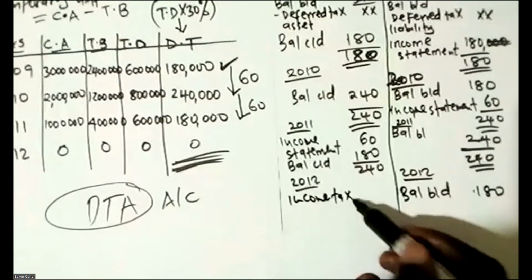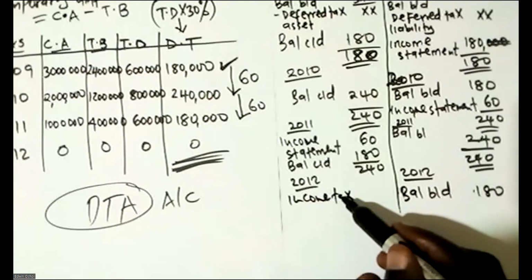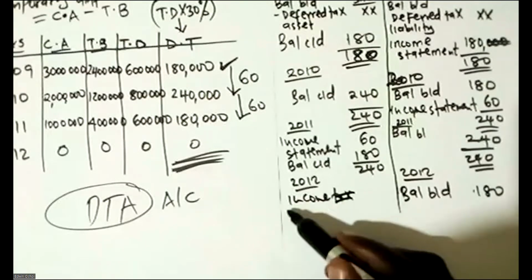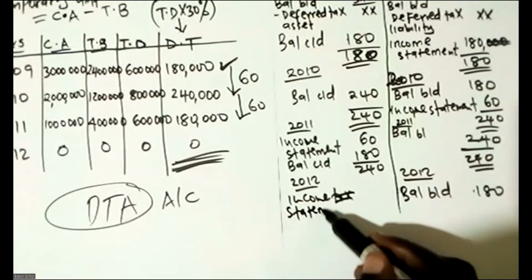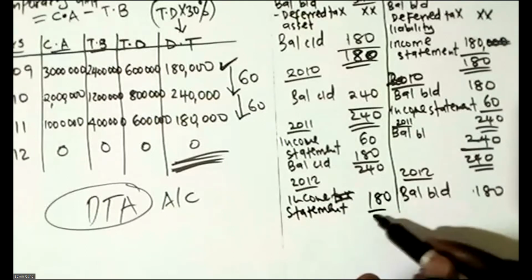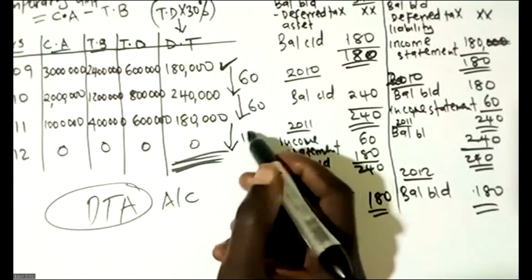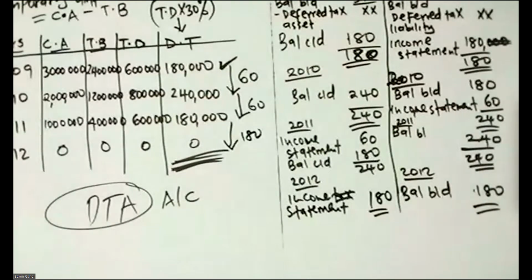So to the income statement, the 180 goes, that is just a reduction from 180 to 0. So we have 180 there. So that is the account they were in need of.